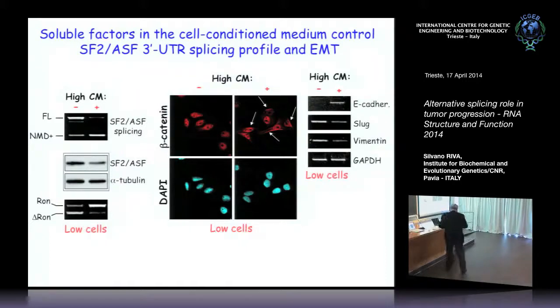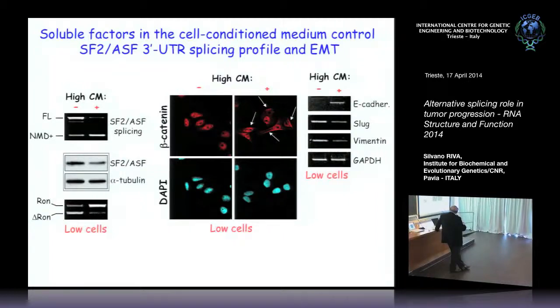And this medium by itself, the content of this medium, is enough to produce the effect on the splicing profile of SF2 3' UTR. In other words, there are soluble factors in the cell conditioned medium that control the splicing of SF2.